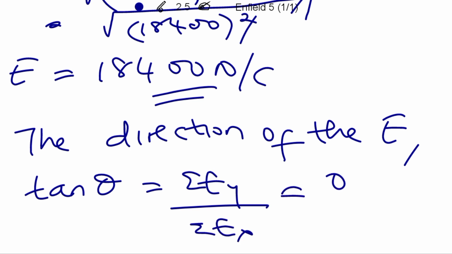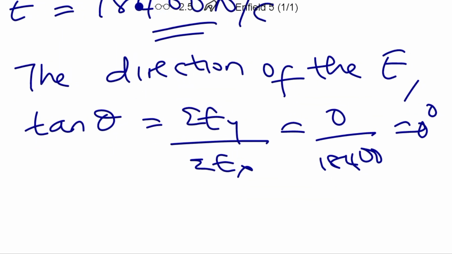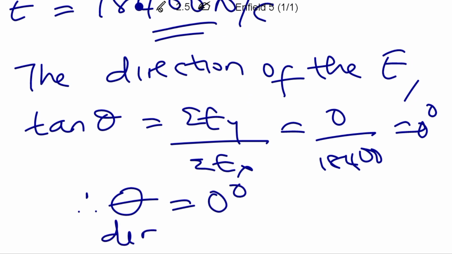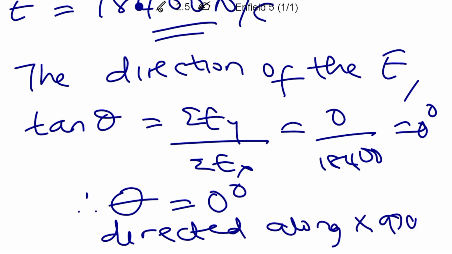That gives us 0 divided by 18400, which is equal to 0 degrees. So as we calculated previously, the angle theta equals 0 degrees, which means it is directed along the x axis, which is similar to what we used previously.